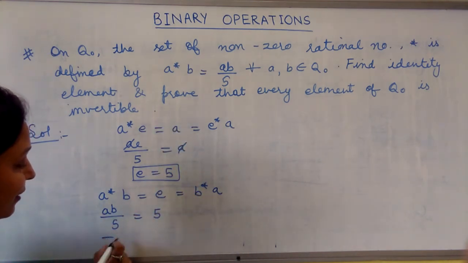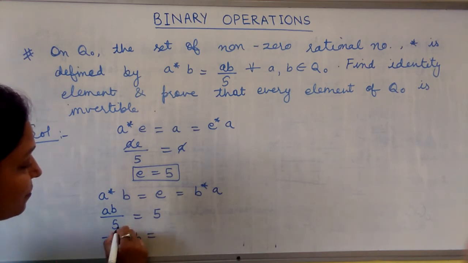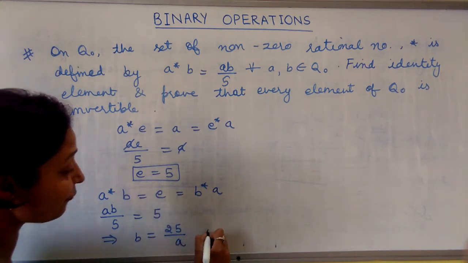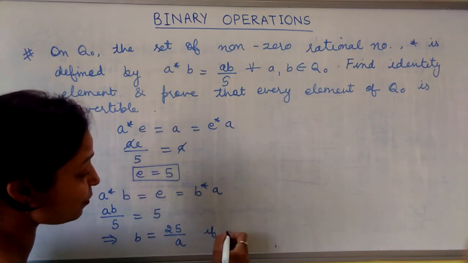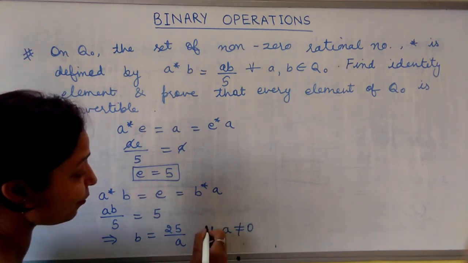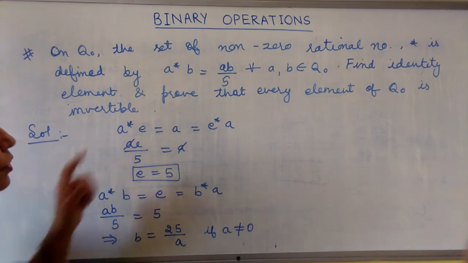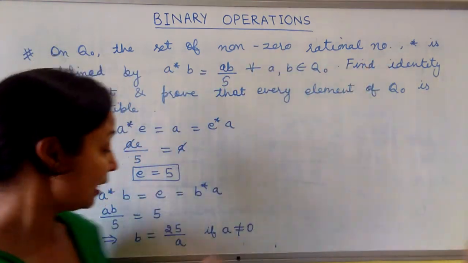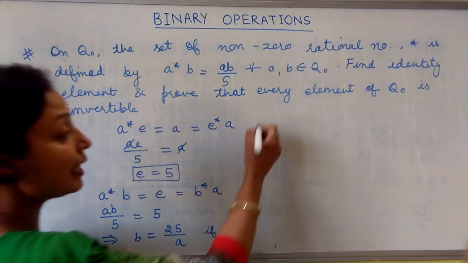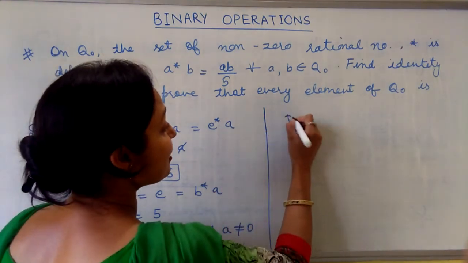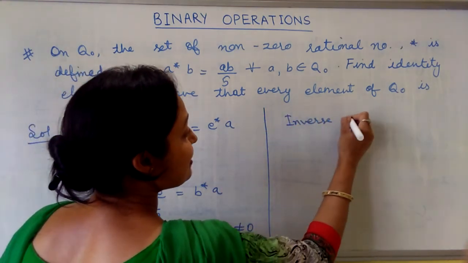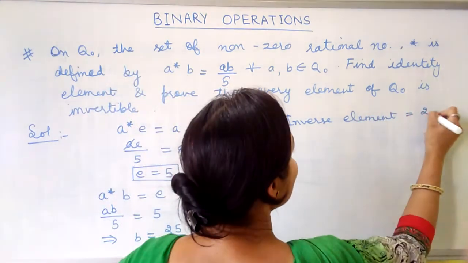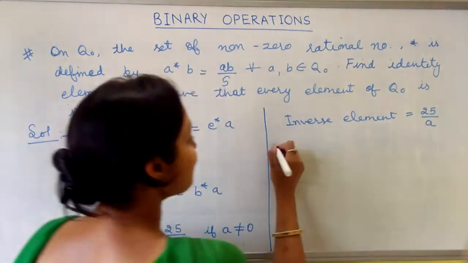Then B is equal to 5 fives are 25 divided by A, if A is not equal to 0. If A is not equal to 0, that means Q naught, the set of all non-zero rational numbers, the inverse element is equal to 25 by A.